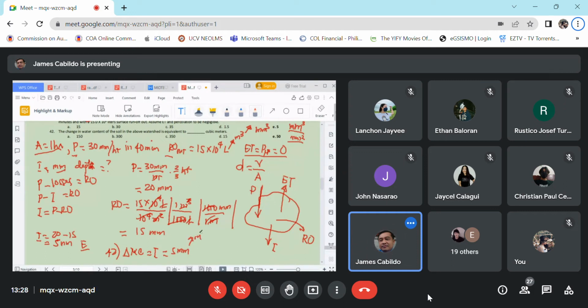Para maging cubic meters, we are going to multiply it by square meter, which is the area. Anong area natin? 1 hectare, or that is 10 to the 4th square meter. So yung mm gawin nating meter. In 1 meter, there are 1,000 mm.